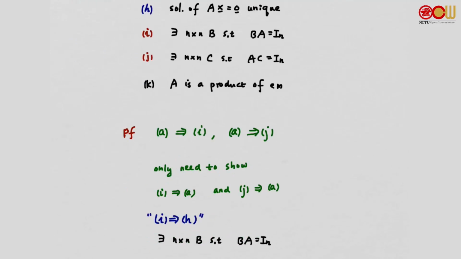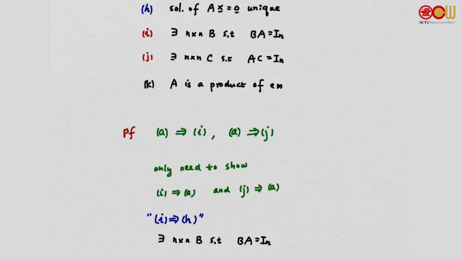To show that I implies A, it's enough to show that I implies any of the other equivalent statements we have already established. For example, if we can show I implies H, then that's good enough too. What is H? The solution of the homogeneous equation is unique.